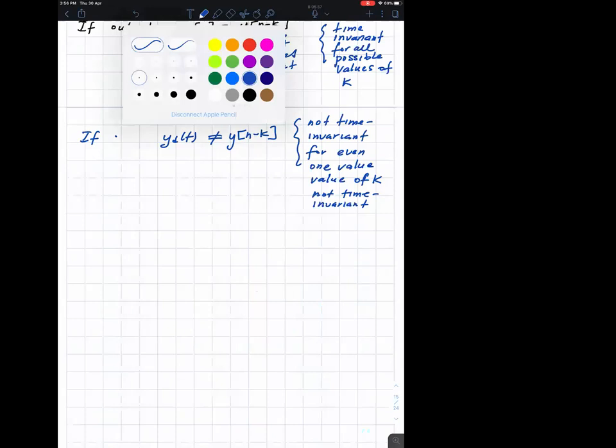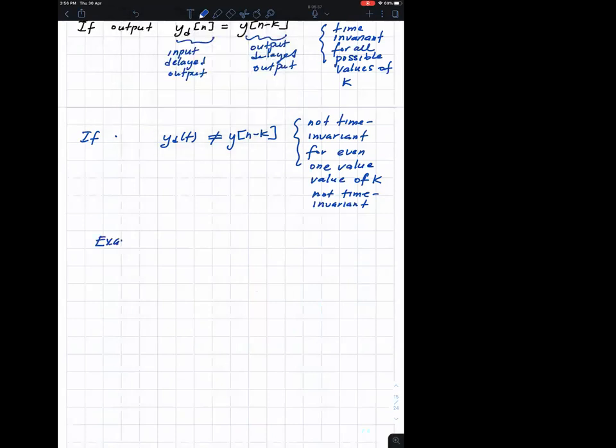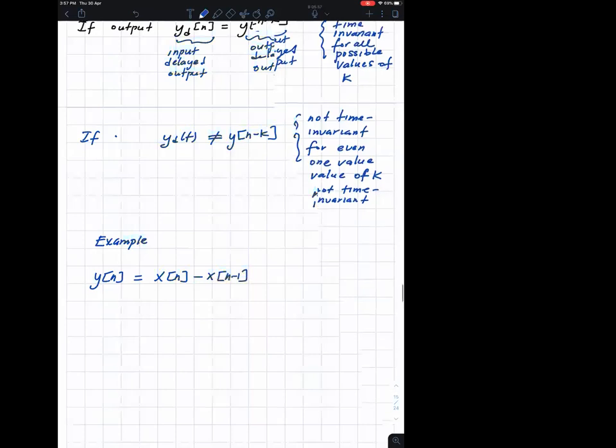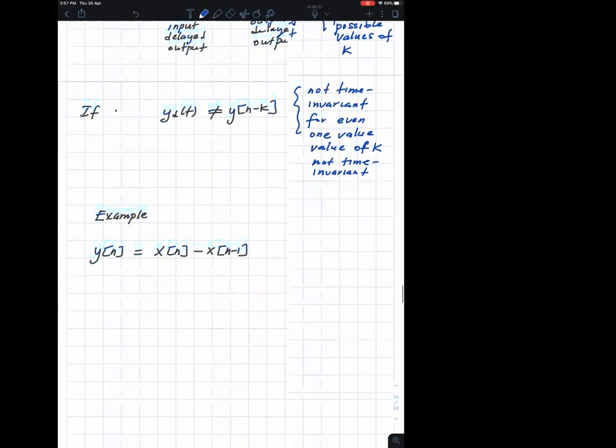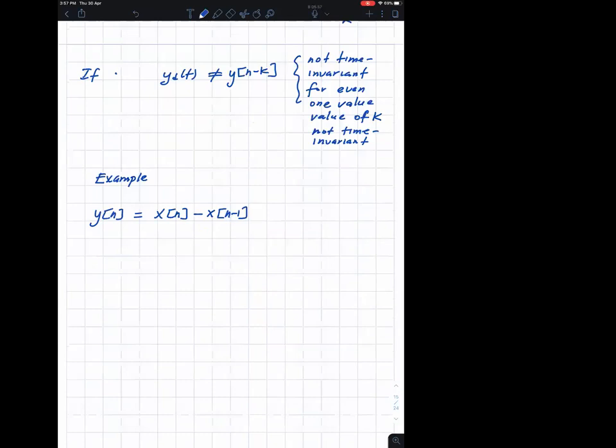Example: yn is equal to xn minus xn minus 1. Let's see what happens when the input is delayed by k units.